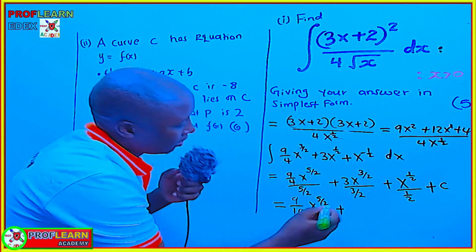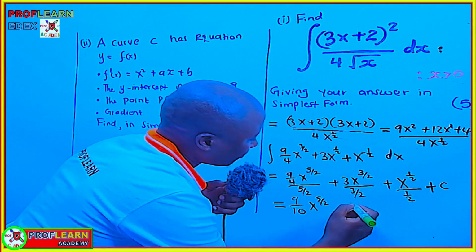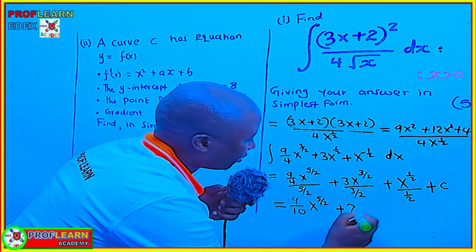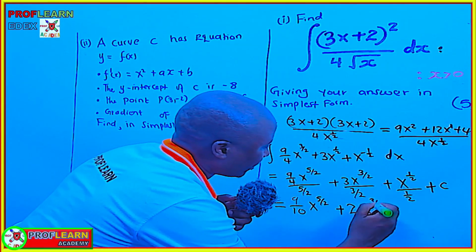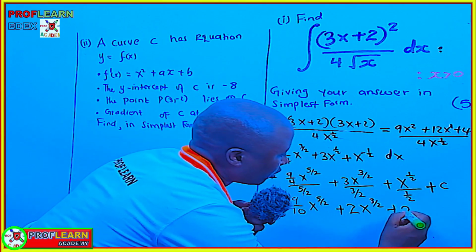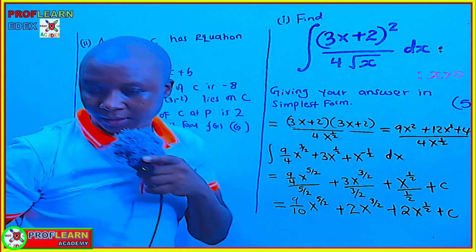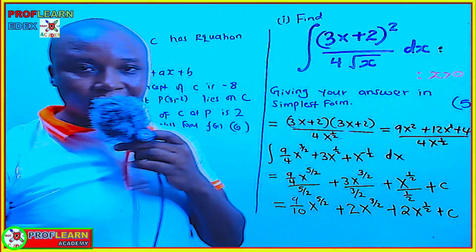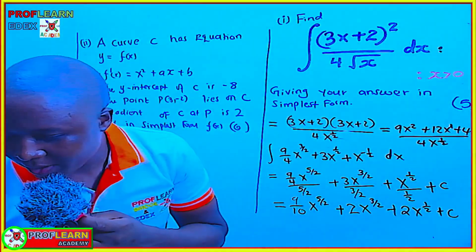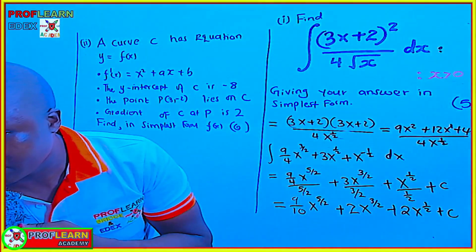Then plus this one is going to become 2x raised to power 3 over 2, and this is going to be 2x raised to power a half, then plus c as the expression that we ought to have obtained at this given point.